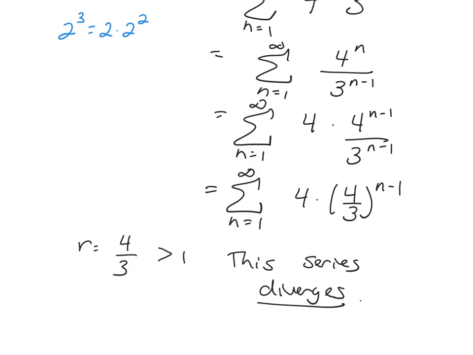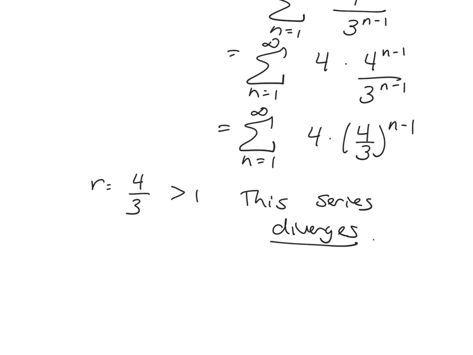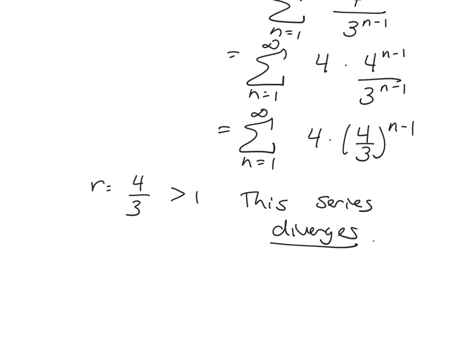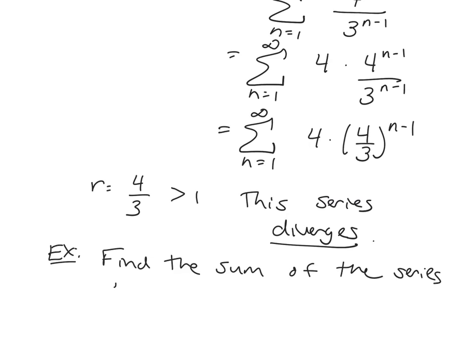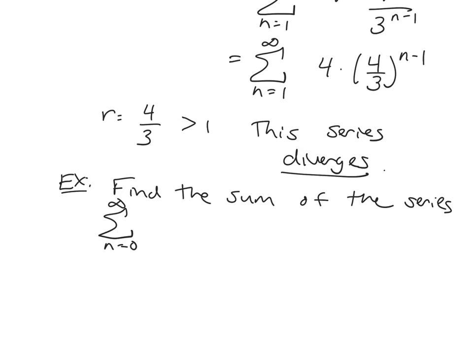Okay, let's do one more geometric series here. Find the sum of the series n equals 0 to infinity of x to the n, where the absolute value of x is less than 1.